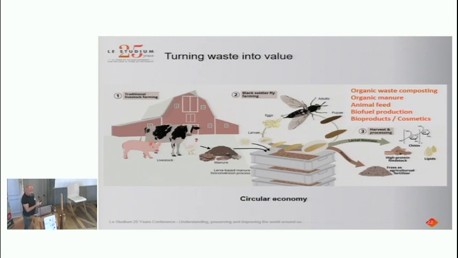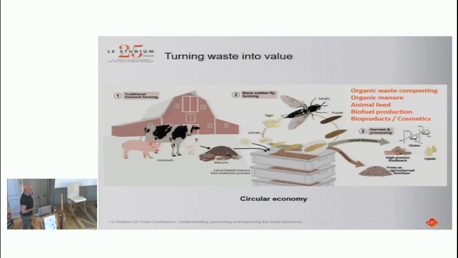The larvae will feed on this organic waste and they will convert it into proteins. So the larvae are very rich in proteins, and you can use these larvae for human food or for animal feed. By degrading the organic waste, they also produce fertilizer that you can re-inject into the system.